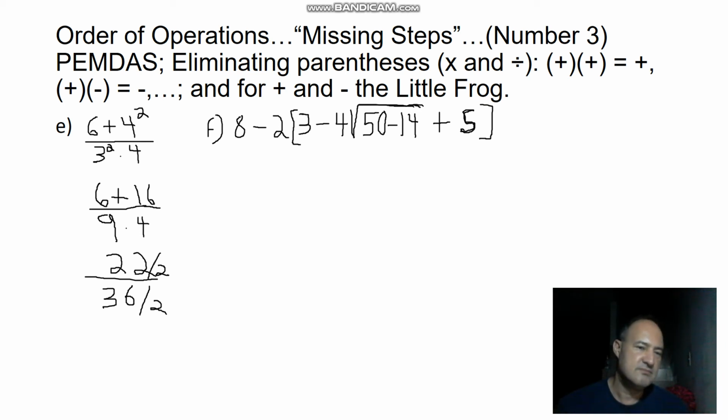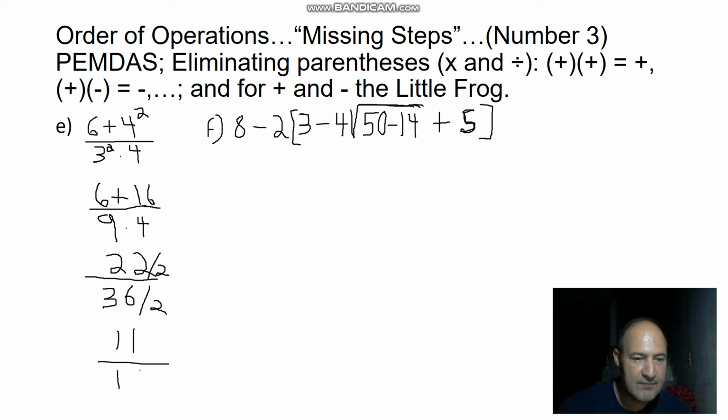If you have another option like 3 or 5 or any prime number, you can do it, but you need to see clearly that you can divide the numerator and the denominator by the same number. Half of 22 is 11. 11 divided by what? Half of 36 is 18.